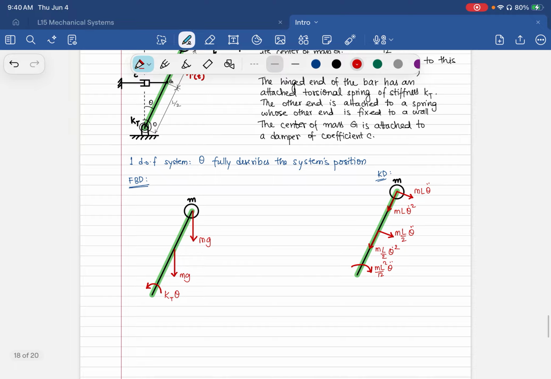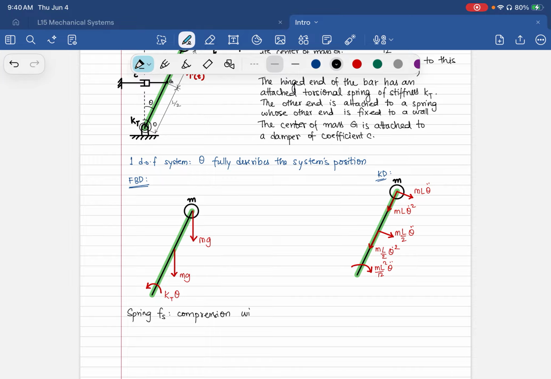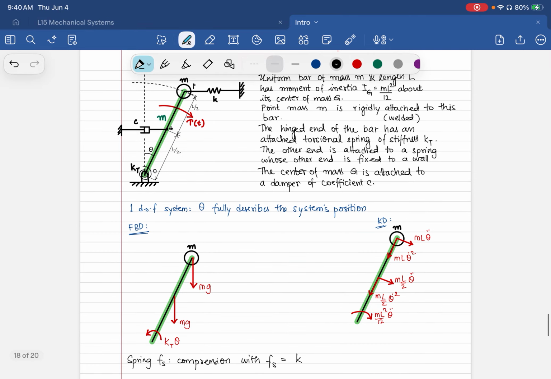So spring Fs will be in compression for positive theta. Compression with Fs is equal to K times the deflection, which is that arc length.